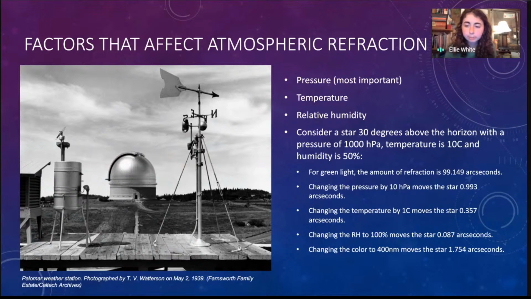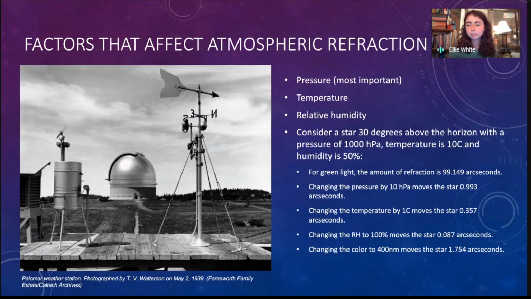If you change the temperature by 1 degree Celsius, that moves the star 0.357 arc seconds, and so on. If you change the relative humidity from 50% to 100%, the star moves 0.087 arc seconds, which, you can see, you've changed the relative humidity by a whole 50%, and that didn't really do much. If you change the color from green to 400 nanometers, which is more on the blue-violet side of the spectrum, that moves the star by 1.754 arc seconds.